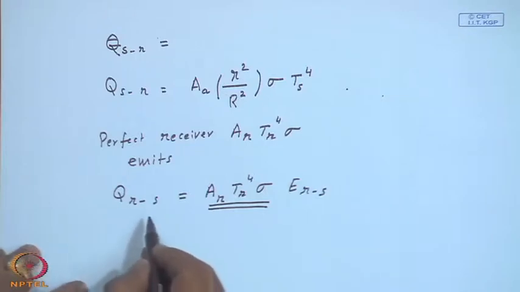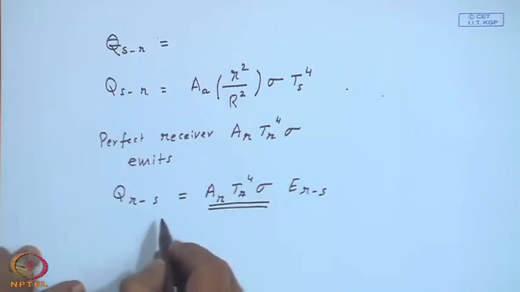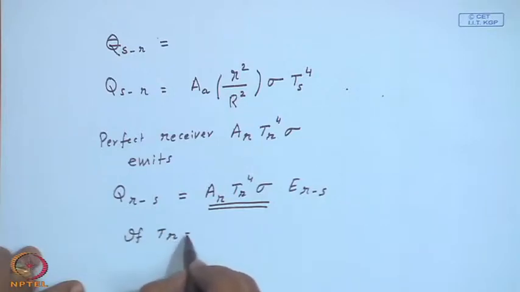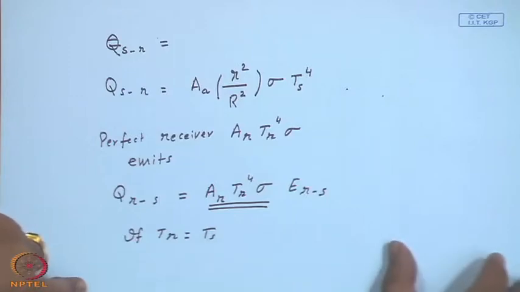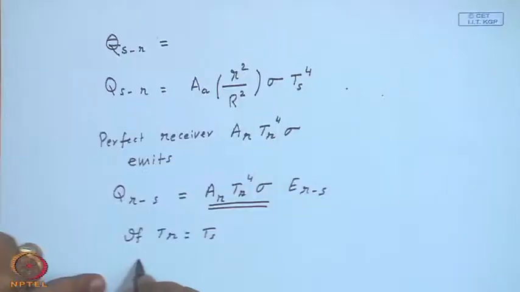Now, T_r and T_s: if T_r equals T_s, that means in principle if the receiver reaches the sun's temperature, my Q_sr should be equal to Q_rs.